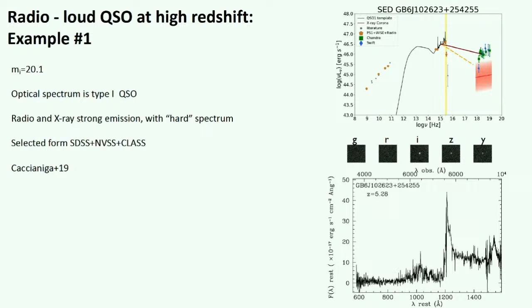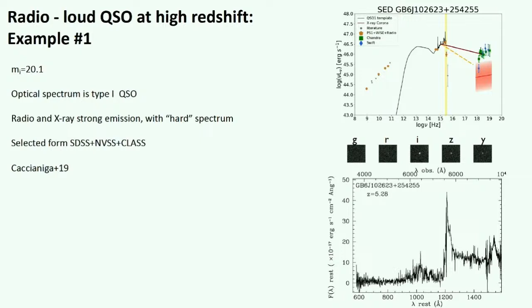The optical spectrum is a typical type 1 quasar. You see here the broad Lyman alpha. You see here the drop between the R band and the I band. You see here in the SED plot that it is very strong in the radio band and in the X-ray band.